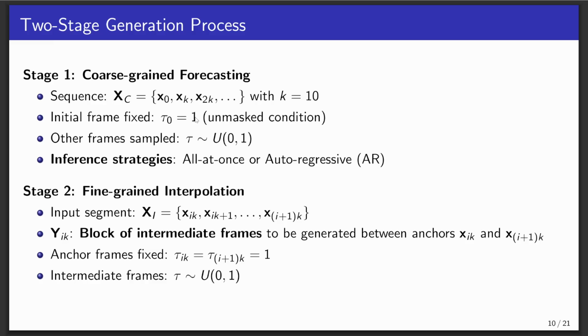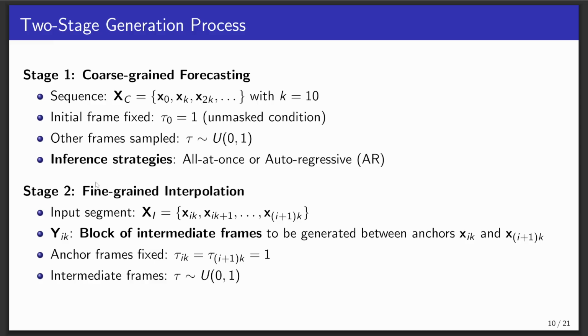For inference, we start from tau equals 0, fully noised, and denoise to the generated geometry. We can have all-at-once or autoregressive inference strategies. By all at once, it means we generate xk, x2k, x3k at the same time. But for autoregressive, we generate xk dependent on x0, and x2k dependent on xk, and so on.